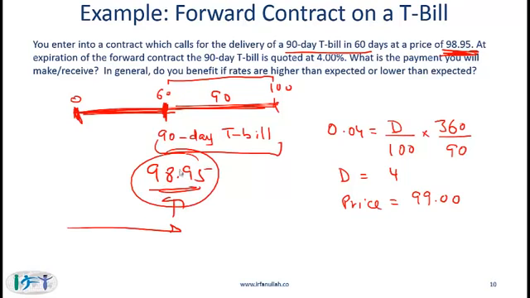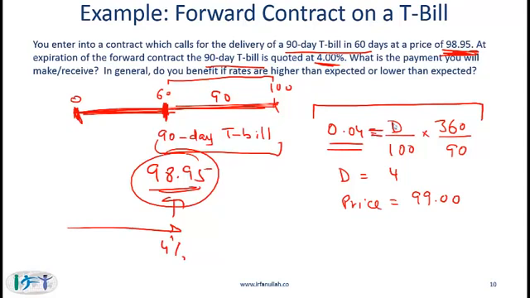60 days later, the 90-day T-bill is quoted at 4%. So have you won or lost? Let's do some calculation. If the 90-day T-bill is actually quoted at 4%, what is the price? And for that, you need to do this calculation, which we have seen in quantitative methods, corporate finance, and fixed income. The 4% bank discount yield is written as 0.04.